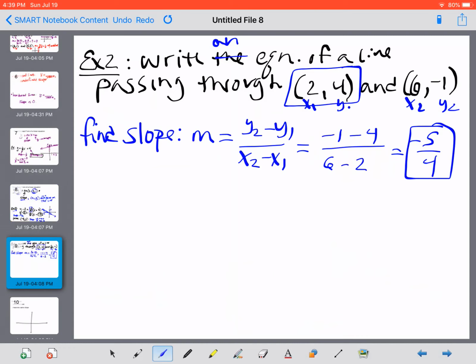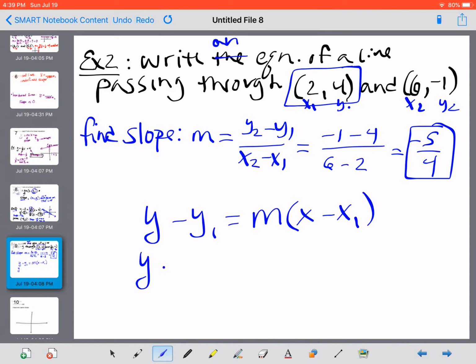But as long as you have at least 1 point and you have the slope, that's enough to write the equation in point-slope form. That looks like y minus y1 equals m times x minus x1. So I can just plug this right in and get the equation y minus my y1 term, which was 4, equals m, the slope, that's negative 5 over 4, times x minus the x1 term. That's 2. There's nothing special about 2, 4.